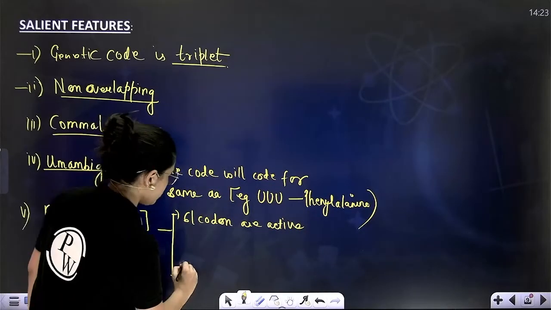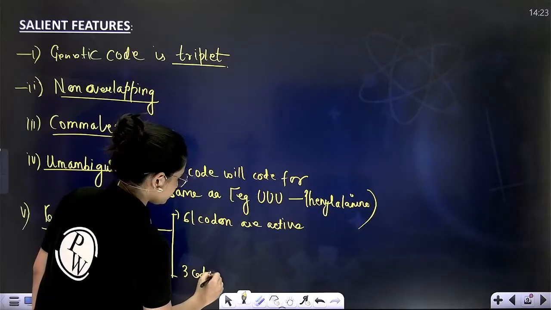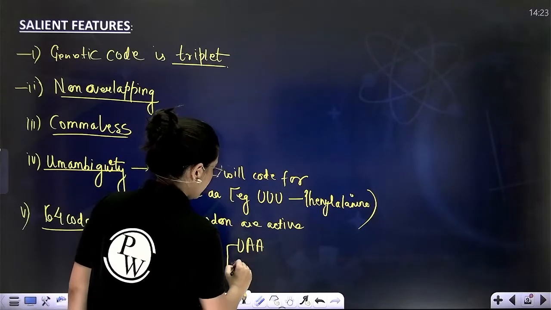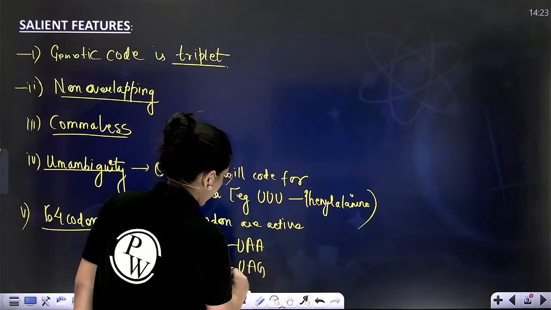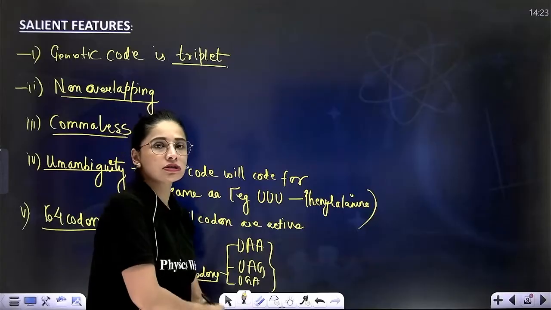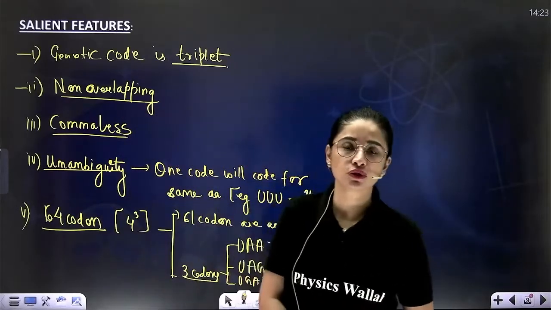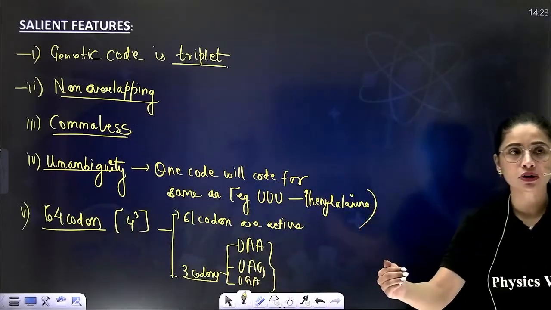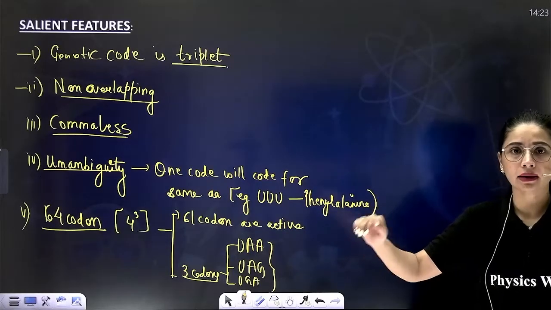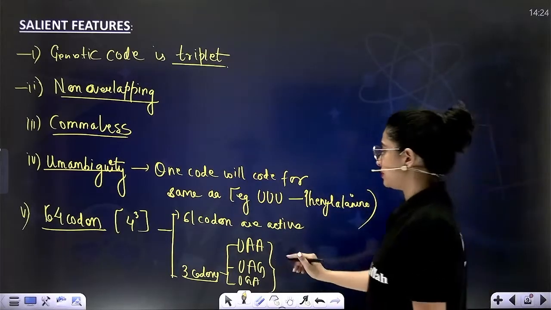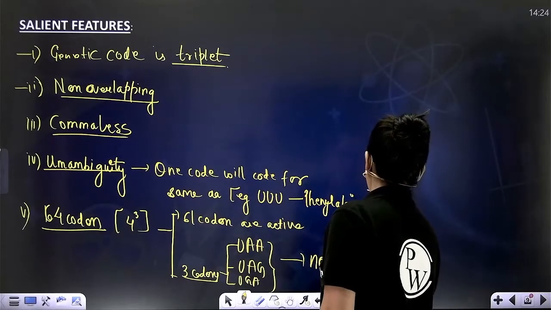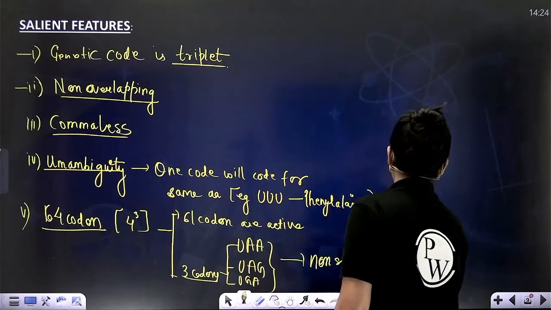Because 3 codons, that is UAA, UAG and UGA, are nonsense codons or termination codons which simply end the process of translation. They do not code for any amino acid. So these 3 are nonsense or stop codons.